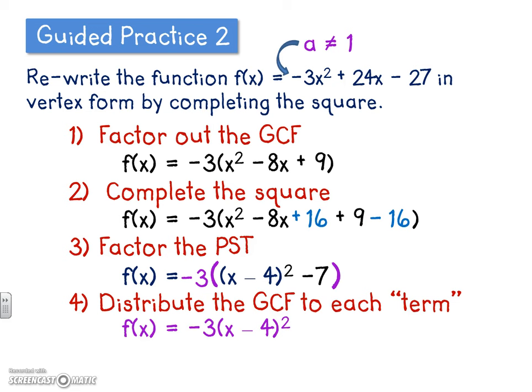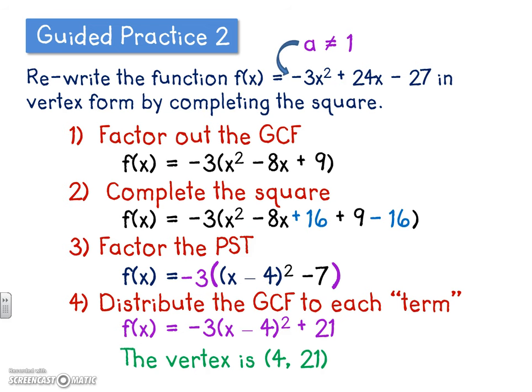And then when we distribute the -3 to the -7, it's +21. Now this is in vertex form, only this time there is an a value of -3. It doesn't affect our vertex though. So the vertex is still going to be what x value will make that binomial 0, and then the y value is the constant at the end. So the vertex is going to be 4, 21.